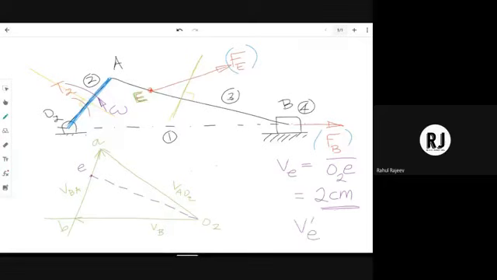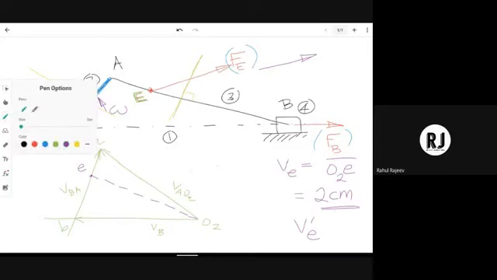And what is V dash E? V dash E will be the velocity of point E along the line of force FE. So what you have to do is, in the configuration diagram, you have FE like this. Now, parallel to FE, draw a line segment on the velocity diagram through the point e.